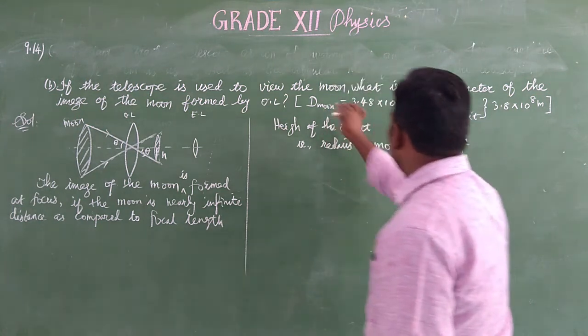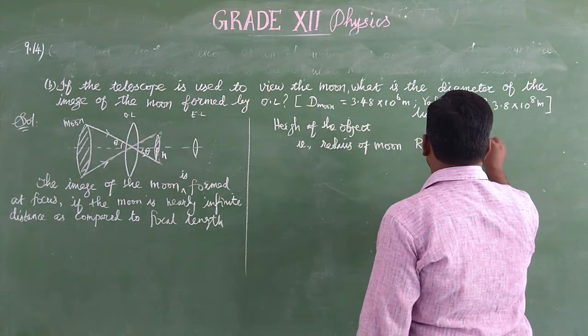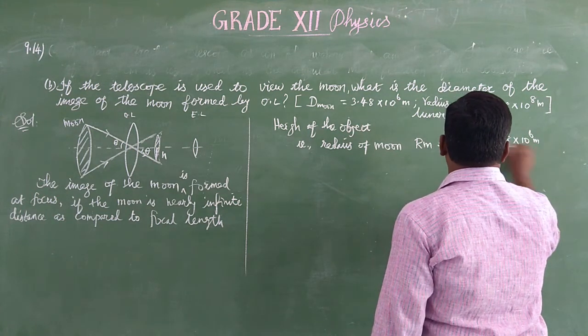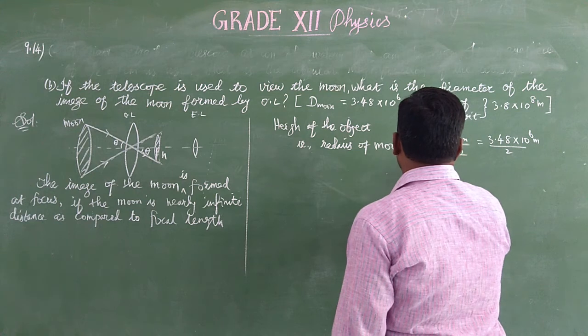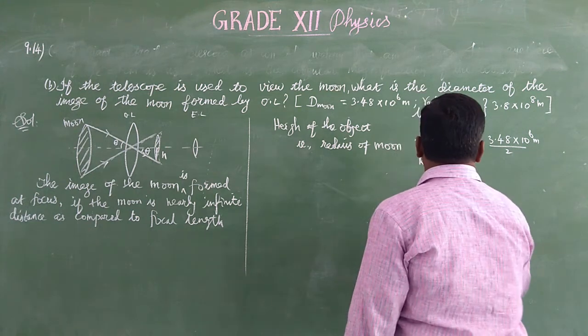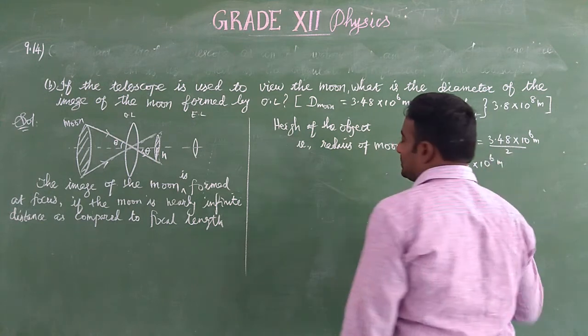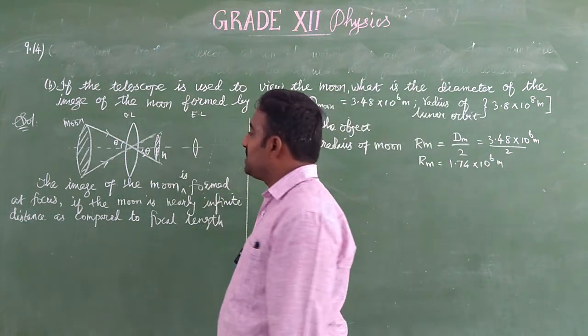What is the diameter of the moon? Already it's given: 3.48 into 10 to the power 6 meter divided by 2. Therefore, the radius of the moon would be 1.74 into 10 to the power 6 meter. So we found the height of the moon.